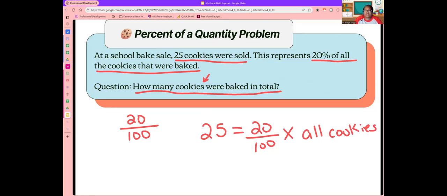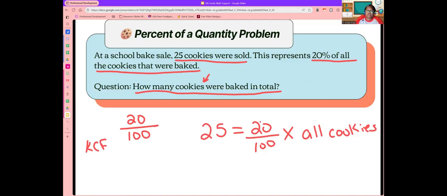Now, when we're dividing fractions, we do keep, change, flip. That means we're going to keep the original number. We're going to change the division into multiplication, and we're going to flip.